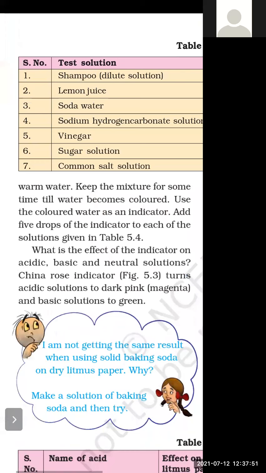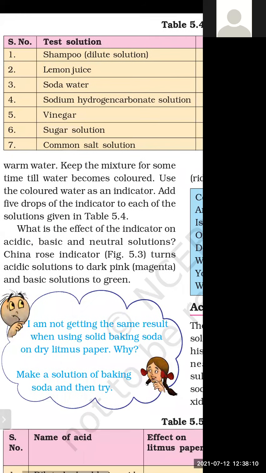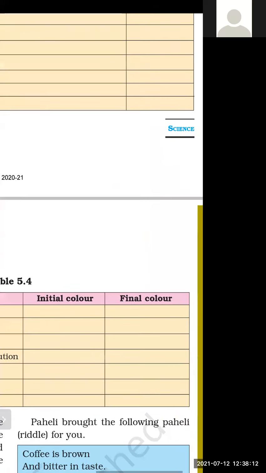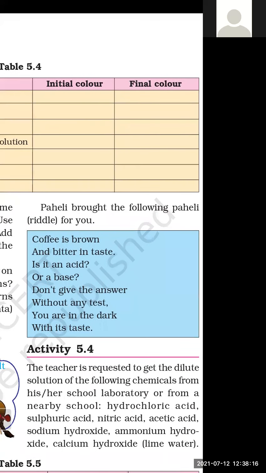China rose indicator turns acidic solution to dark pink or magenta color, and in basic solution the color will change to green. So this is the table. You can check the initial color and final color.